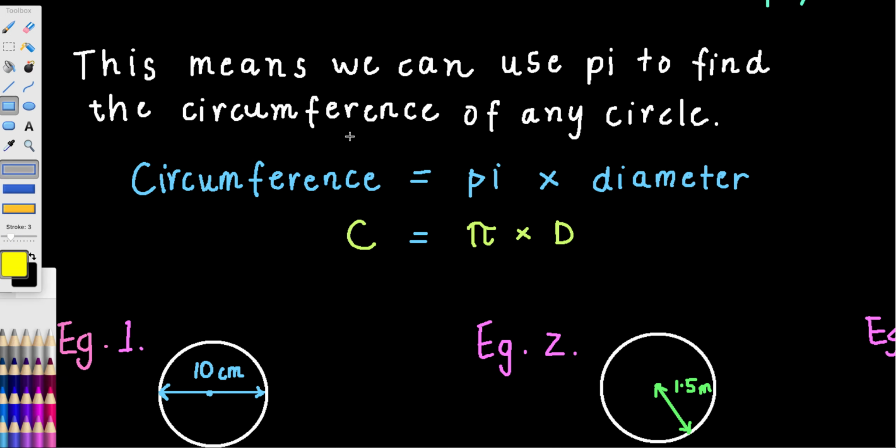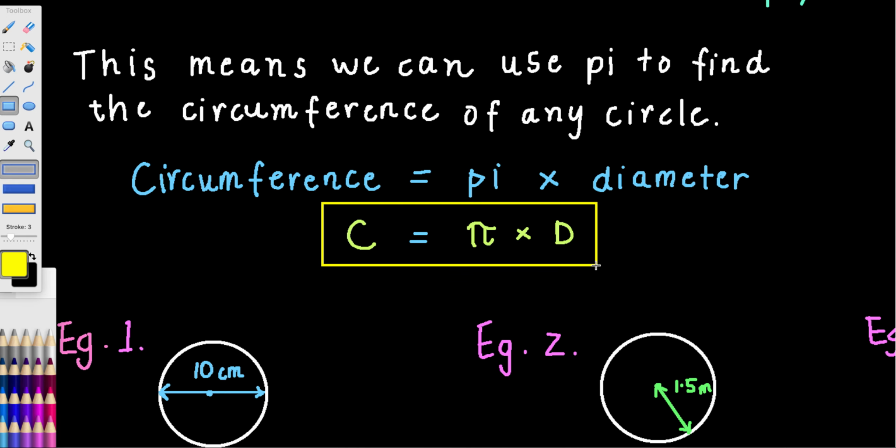So if we want the circumference of a circle, we can take pi, which is how many times the diameter fits in the circumference, and multiply it by our diameter. So say we had a diameter of 1, that means our circumference will be 1 times pi, so it would be 3.14.